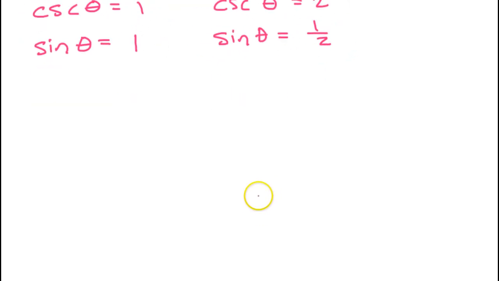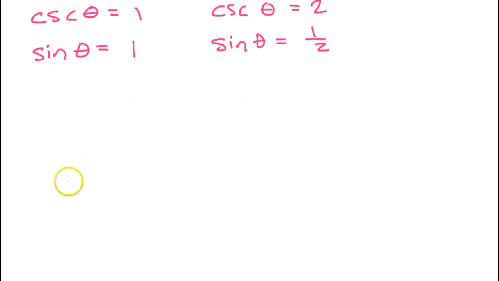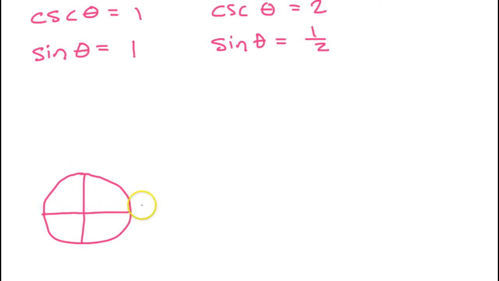Alright, so let's analyze each of these for solutions. This is going to be a quadrantal angle, where sine is equal to 1 is at either the x-axis or the y-axis, so let's ponder that. Let's look at the quadrants. So here we have 1 comma 0, 0 comma 1, negative 1 comma 0, and 0 comma negative 1.